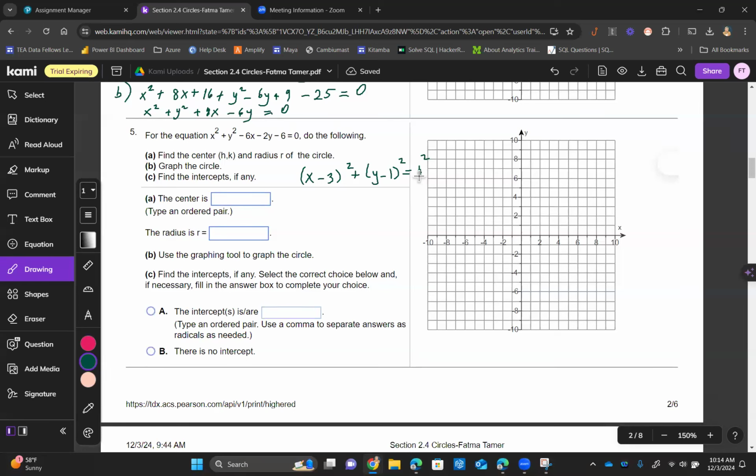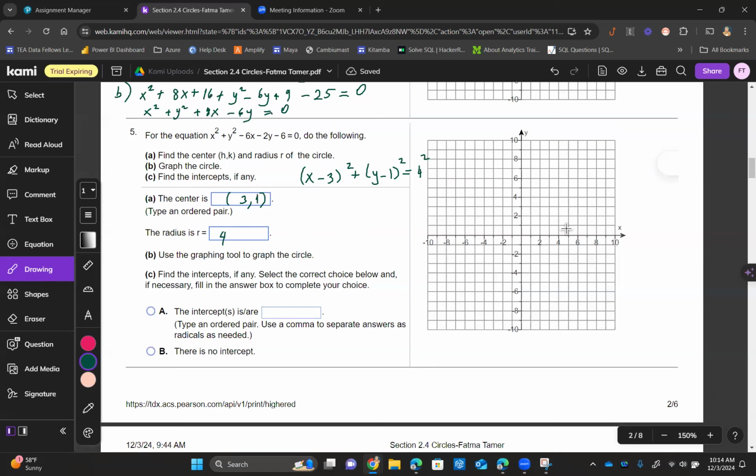Or you can just put 16 here. This is the standard form we got here. So first they want the center. Now we have it in standard form. H value is 3, K value is 1. So the center will be 3, 1. And because the radius is this number here, r squared is 16, so that makes our r to be 4.